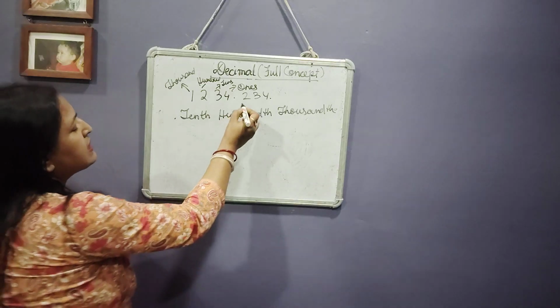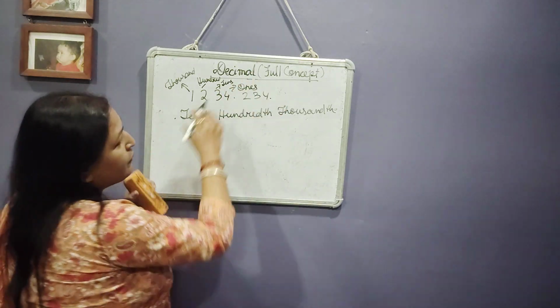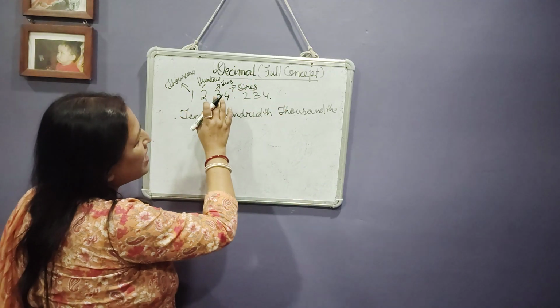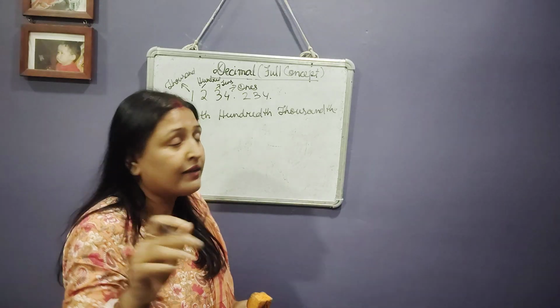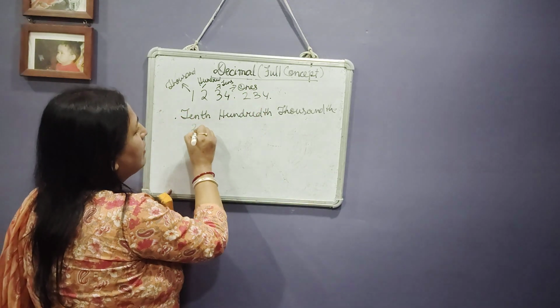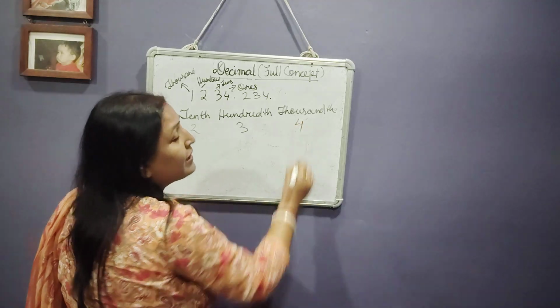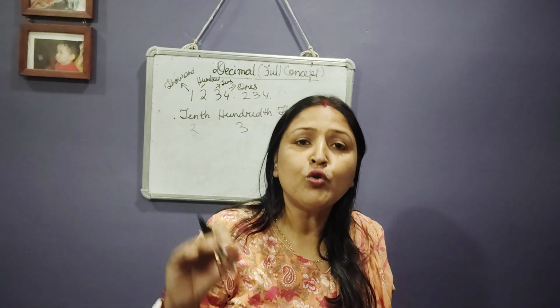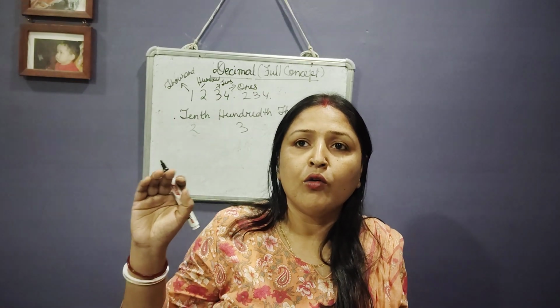Now if you read this number, 1234.234, that is 2 tenths, 3 hundredths, 4 thousandths. So it is 234.